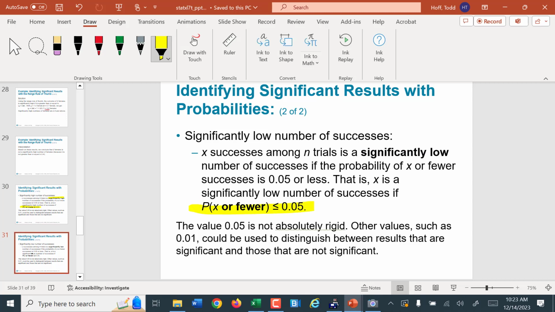If it's so small that the probability of getting a value smaller than that is less than 0.05, that's a significantly small result. Now, both of these slides indicated that 0.05 is not an absolute rigid value. It's adjusted by the situation. The 0.05 is the most commonly used value, but what it represents is the chance that we could get that bad sample even though our assumption was true.